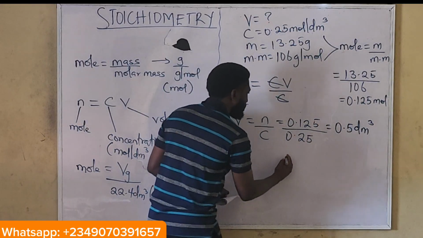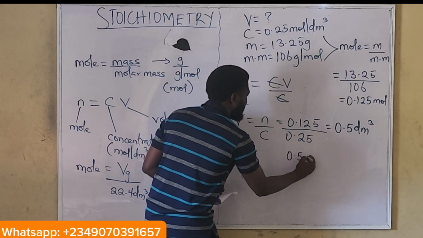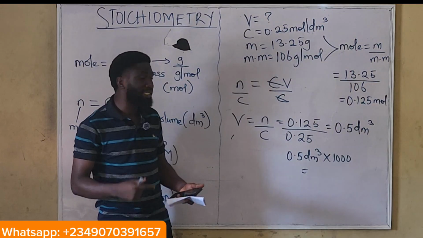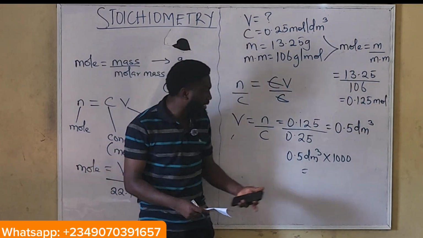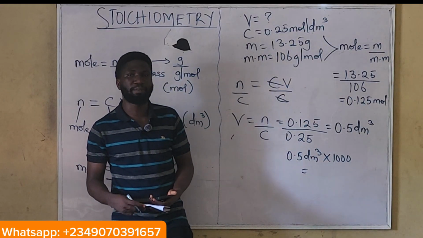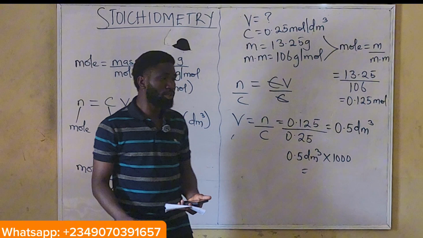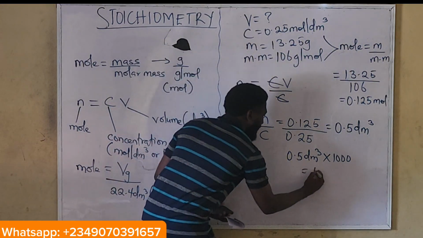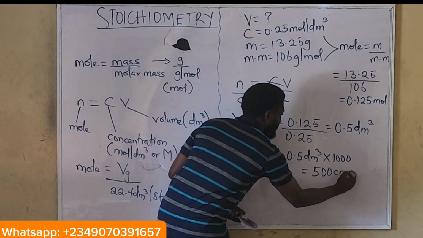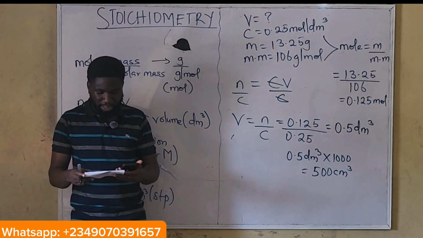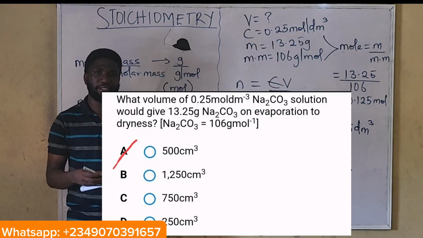And that will give us 0.5 dm cube multiplied by 1000. I said earlier that to convert dm cube to cm cube, you have to multiply by 1000. So 0.5 times 1000 there will give us 500 cm cube. That is the answer. So the correct answer there is option A.